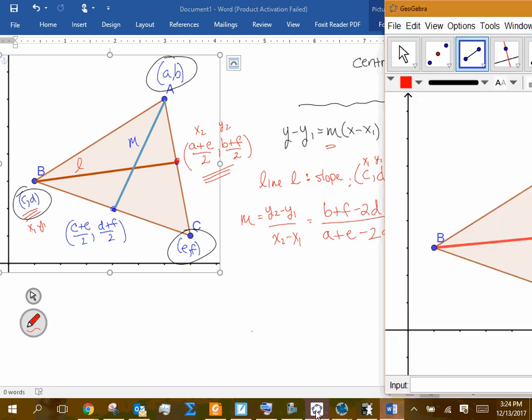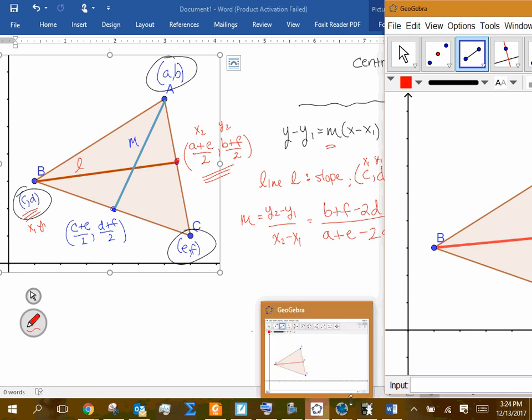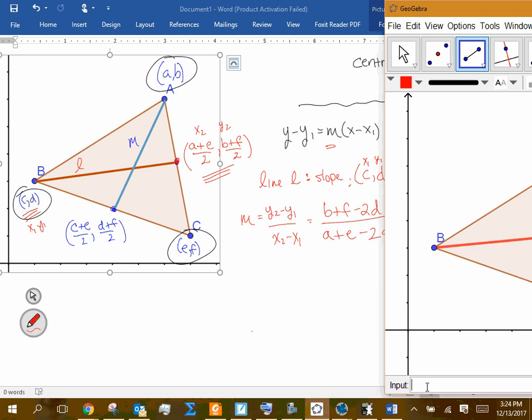Let me write that again real quick: the y value of A plus the y value of C minus 2 times the y value of B.